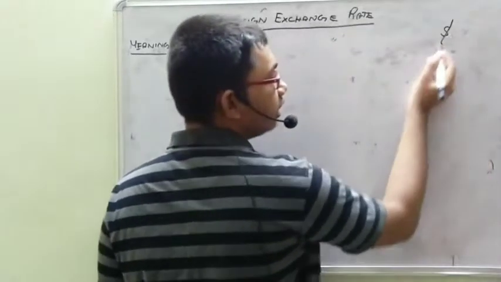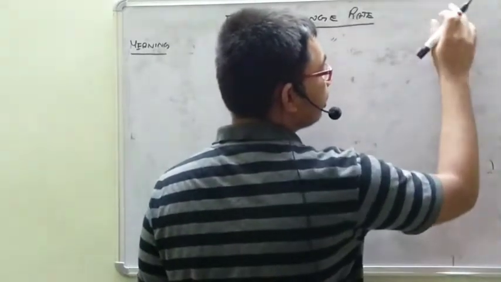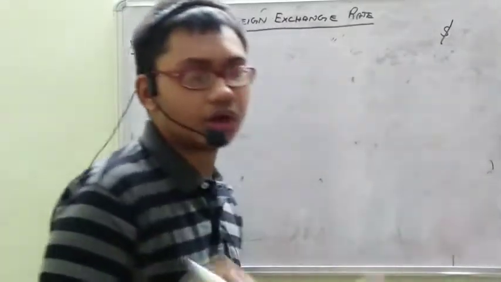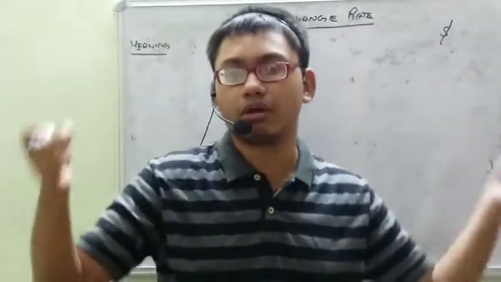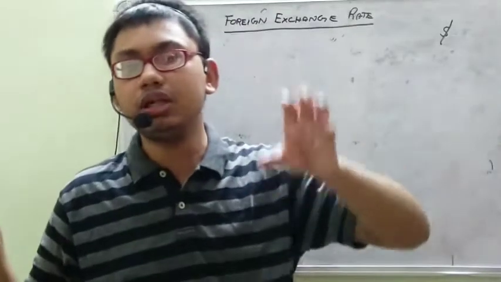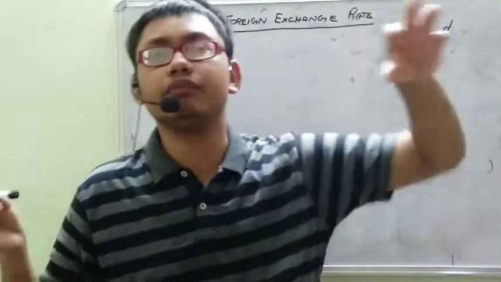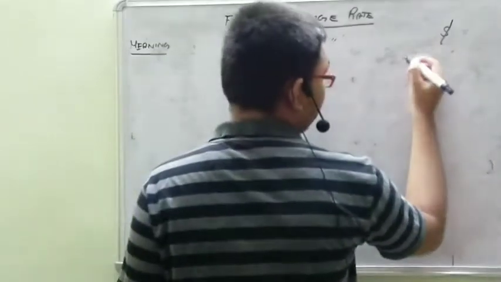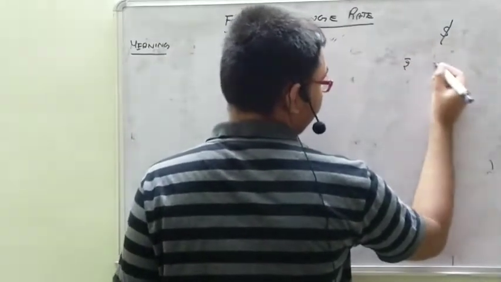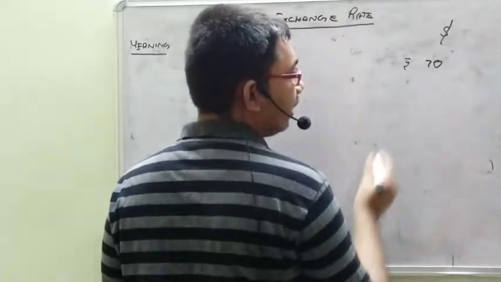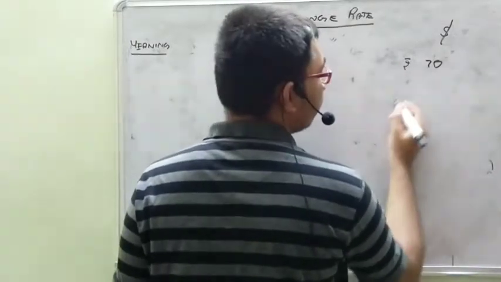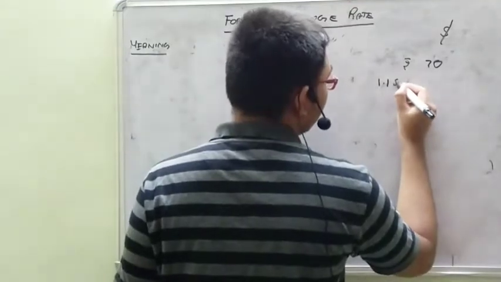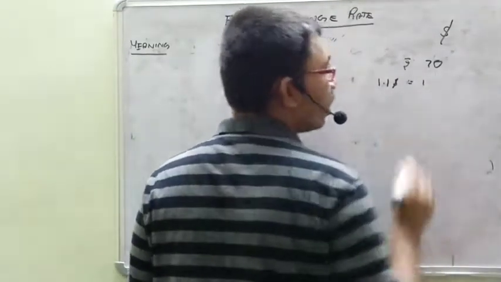Each country, let's take yen or yuan or euro or pound or anything, will be assessed with respect to the dollar. Let's take $1 is equal to 70 rupees, and let's take $1.1 is equal to £1.